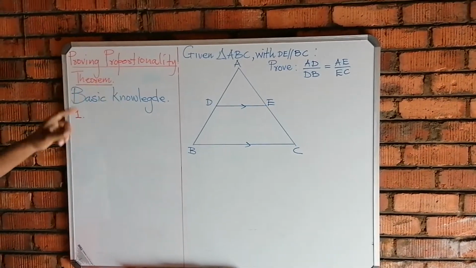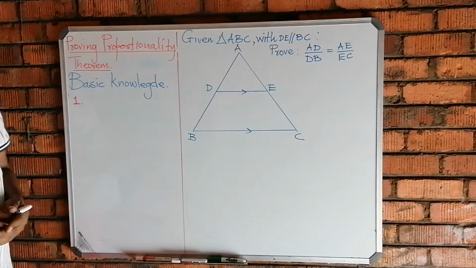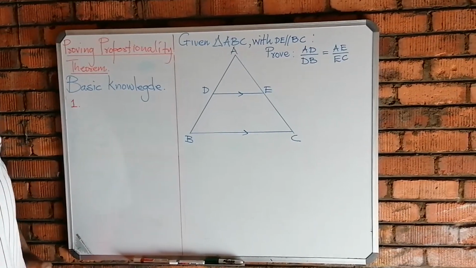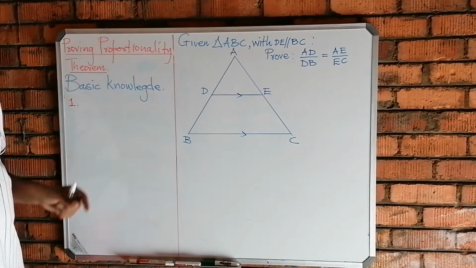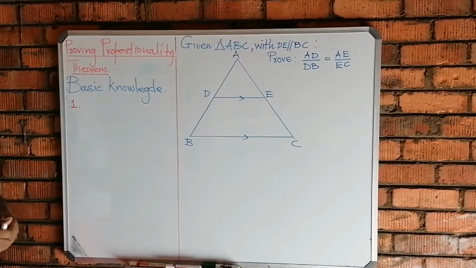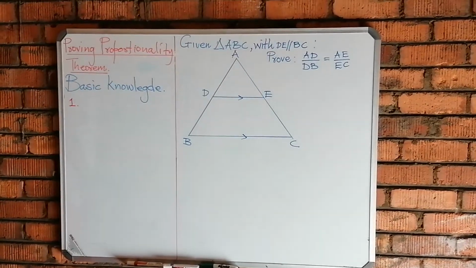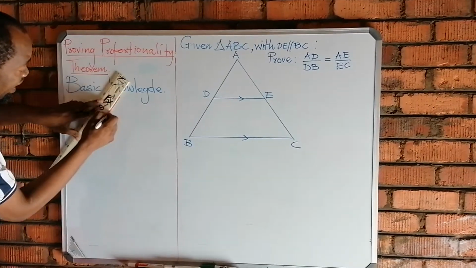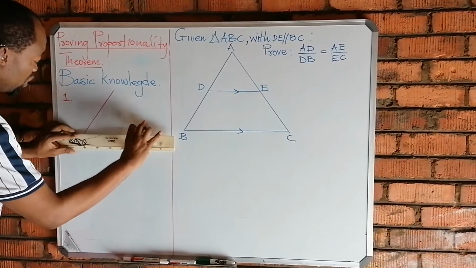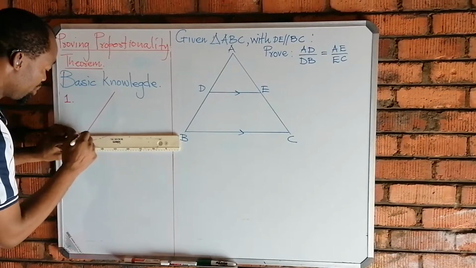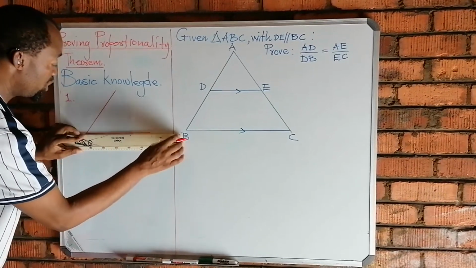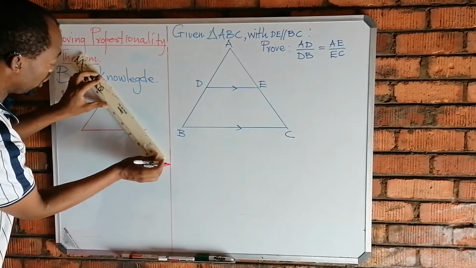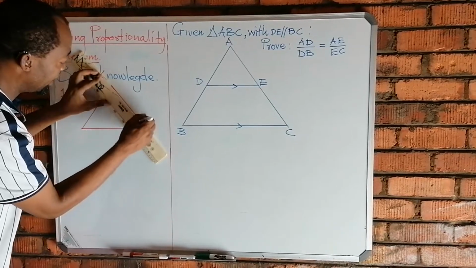Proving the proportionality theorem, there are three things that you must know in proving this theorem. The first one is the fact that in triangle PQR, I'm going to draw triangle PQR so that we demonstrate this.